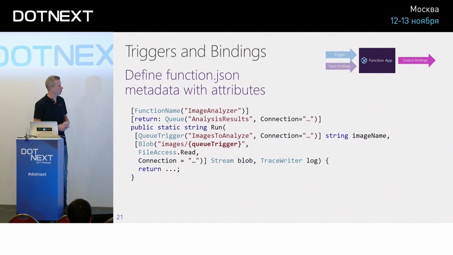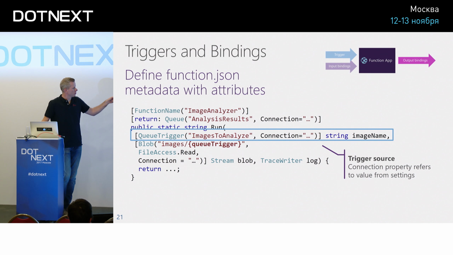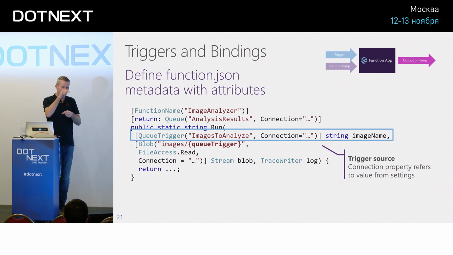Now let's make it a little bit more difficult. If you're receiving more input, and if you're outputting something a little bit different, take a look at this one. First of all, you have, in this case, a queue trigger, which means that something got put into an Azure queue. The queue itself is called images to analyze, so that indicates where it should be going. And you have a connection inside of the attribute that says where this queue is located, so which subscription in Azure, where it actually is.